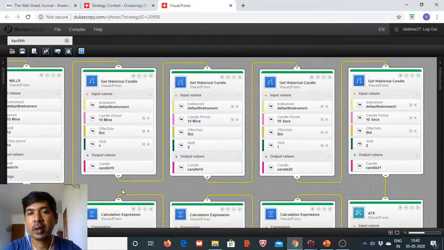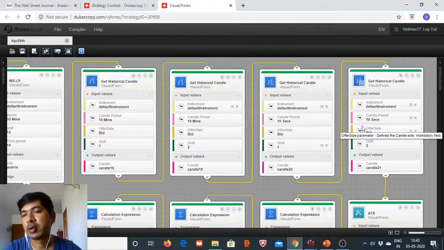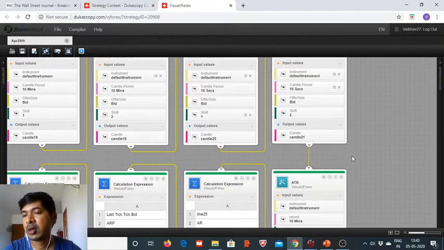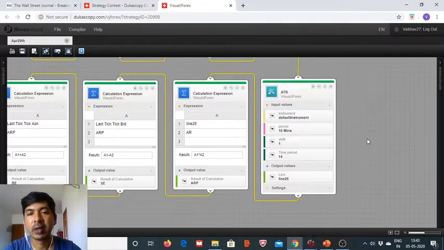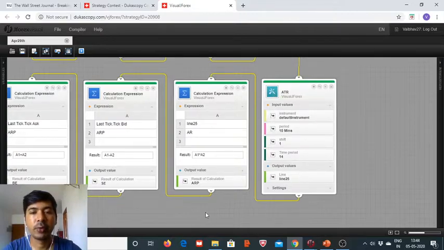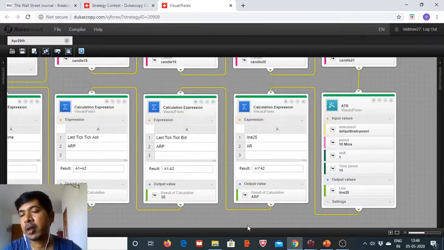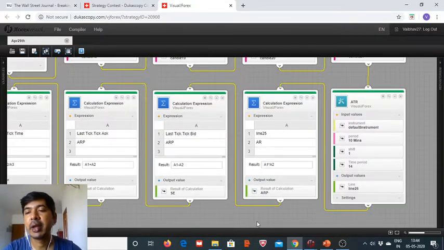Then we got the historical candles of 10 minutes each, and then the historical candles of 10 seconds each to compare the momentum after all other conditions are fulfilled. We got the ATR on 10 minutes. As I explained to you, we will be utilizing it for placing the order, and then the stop loss and the target level. We will be utilizing a 1:1 ratio, or just a little higher than 1:1 to compensate for the spread and the commission.